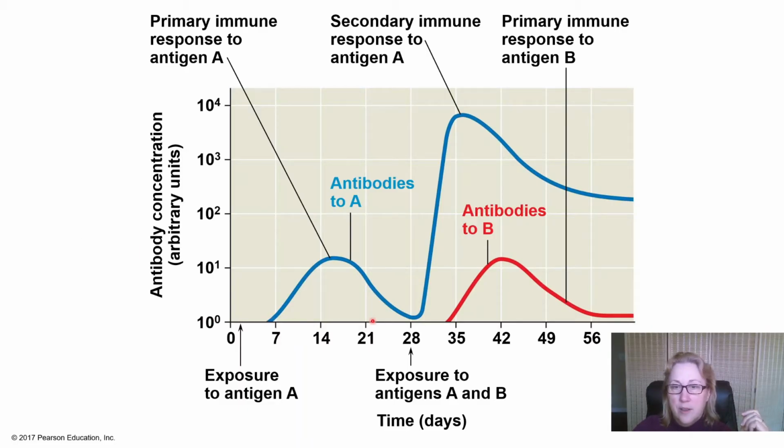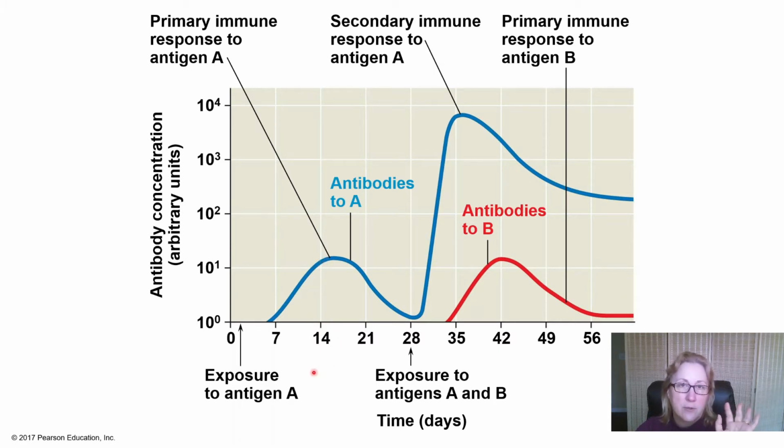So the red line here and this line here, this is a primary response. So here it says, on day 1 here, we're going to expose the immune system to antigen A, whatever that is, virus A. We get our initial response, and you'll notice this is days at the bottom here. So we get peak antibody production at about 14 days.